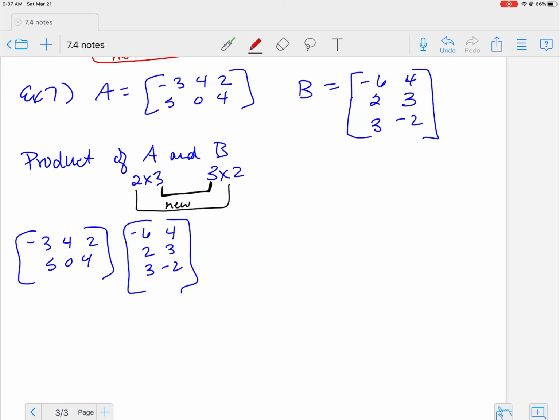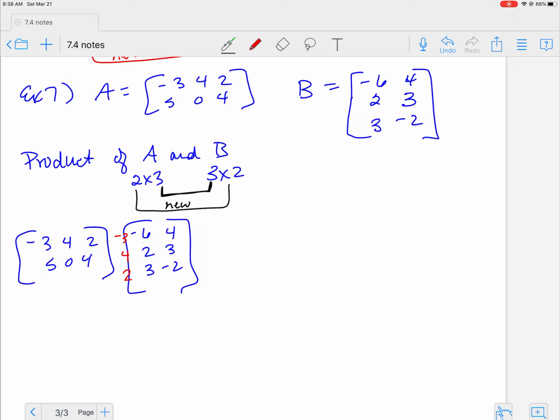For instance, this would be -3, 4, and 2. Do you see what's happening there? I'm picking up this row and bringing it over. The first term times the first term, second term times second term, third term times the third term. That's why these columns have to match up with these rows, because I am matching each column here on the top with the row.